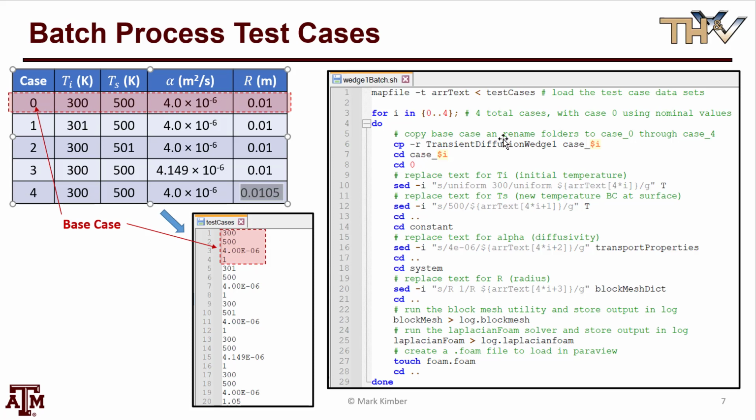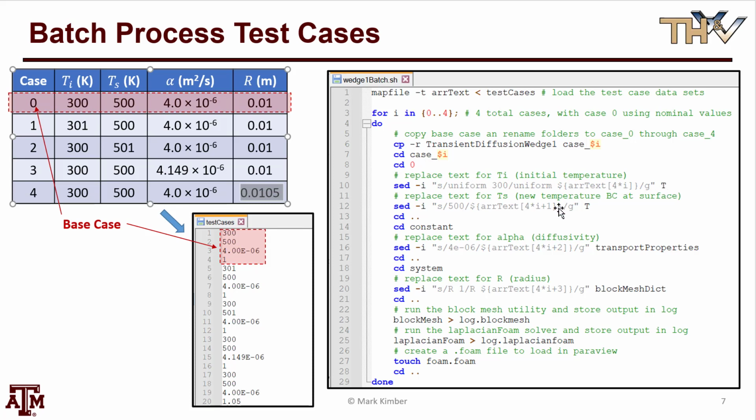And so I'm going to copy that bare bones version and I'm going to rename it case, but then I use this $i, which is going to step through 0 through 4. And so at this point I will have created a new folder called case 0 for the first loop through here, and then I'm going to change directories into that folder, and then into the 0 folder.